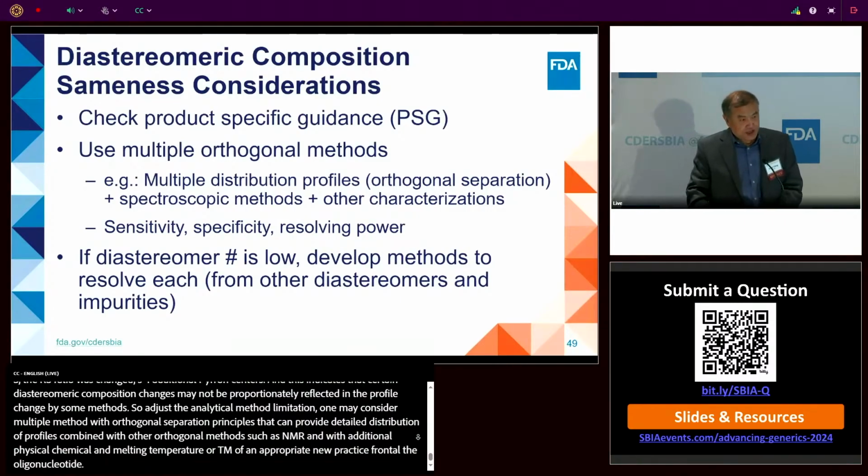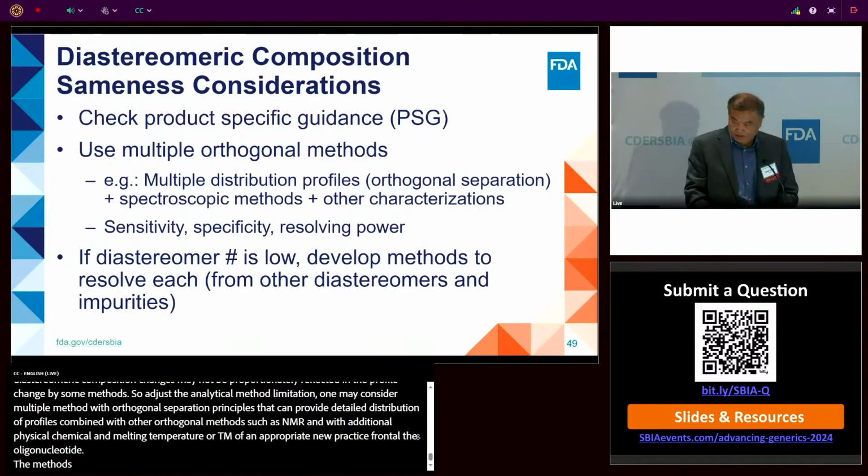The methods should be adequately validated for sensitivity, specificity, and resolving power.